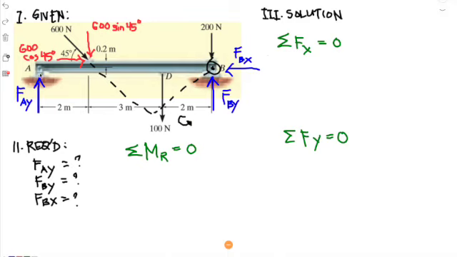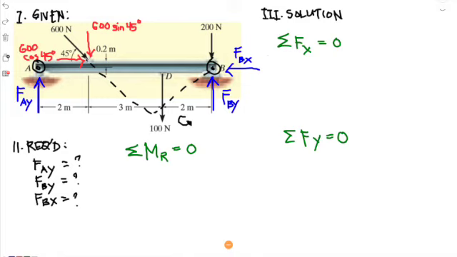If we do a summation of moments at A, right here, this point, take note, we're not doing any calculations yet. We're just trying to establish the sense of our external reactions, the assumptions.